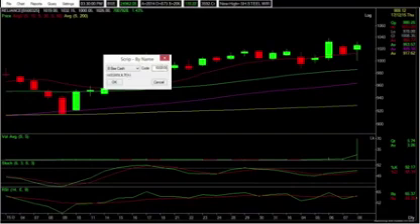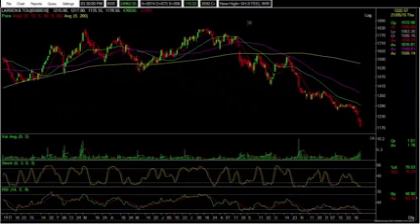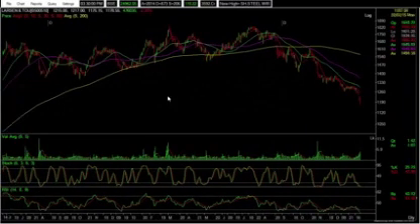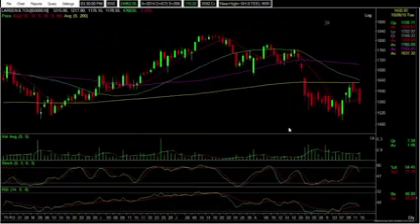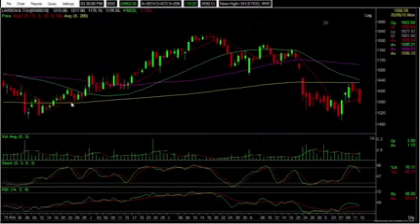Let me change the chart. See, this is the chart of Larsen, forming higher tops and higher bottoms.